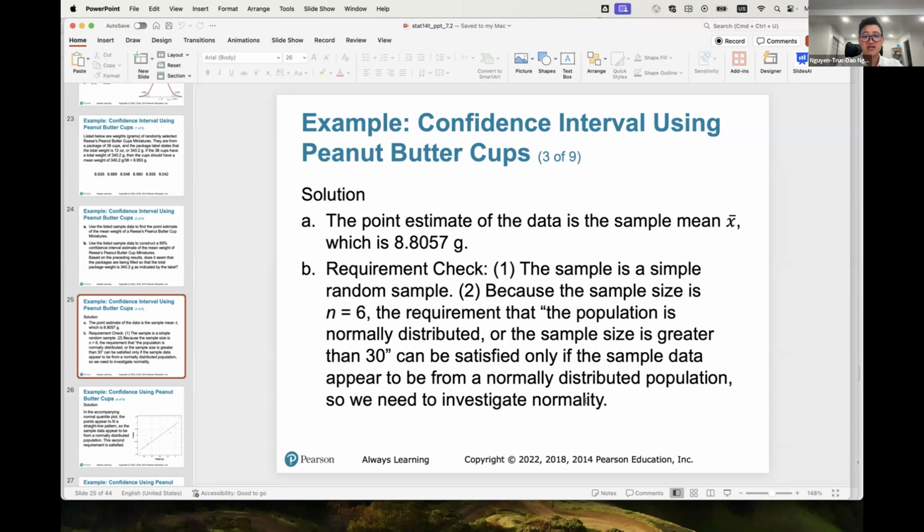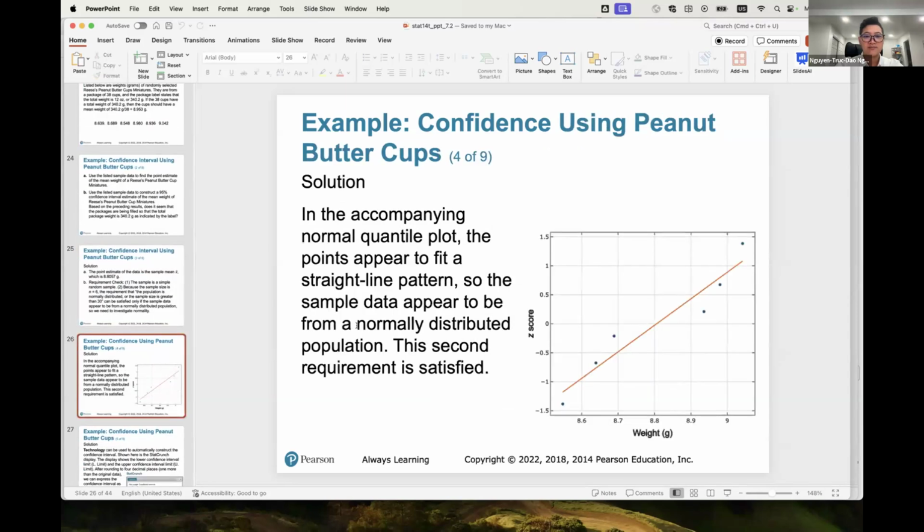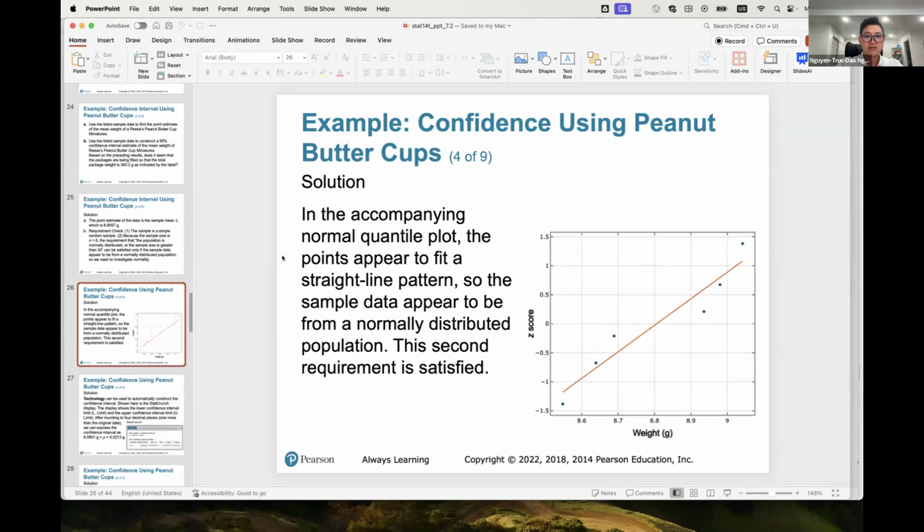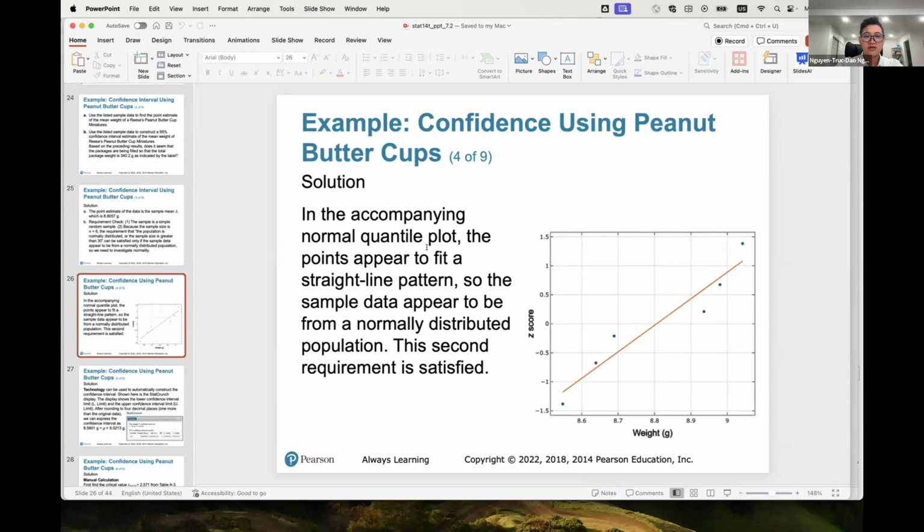So we need to investigate normality. In the accompanying normal quantile plot, the points appear to fit a straight line pattern. When it fits the straight line pattern, that means the sample data appear to be from a normally distributed population. So this helps us verify the second requirement.